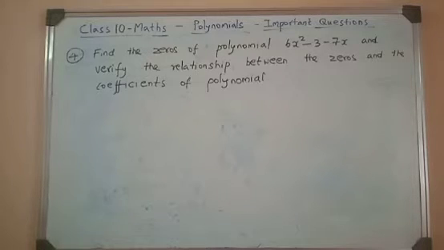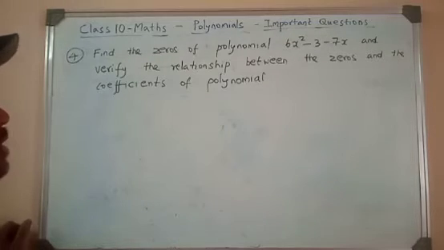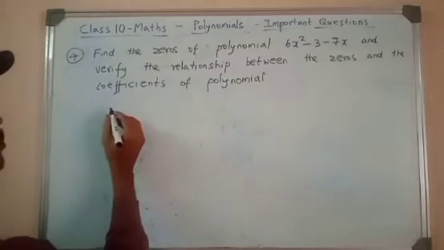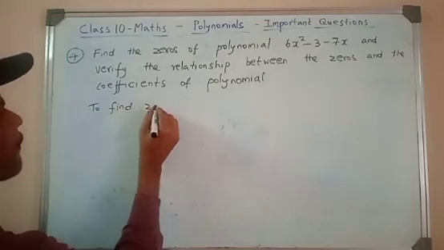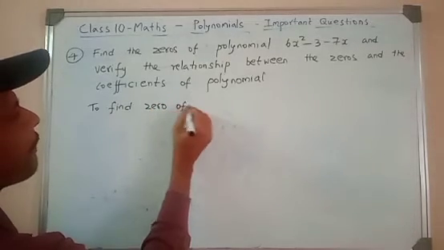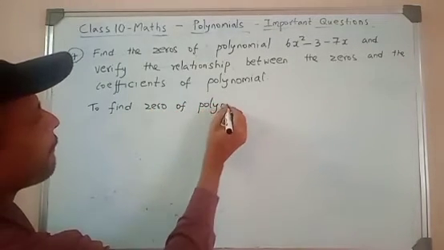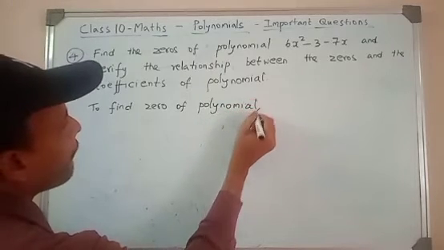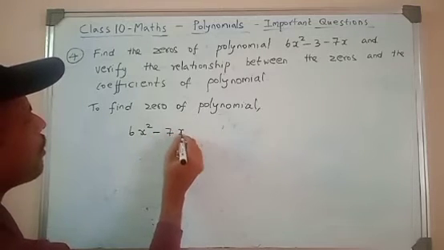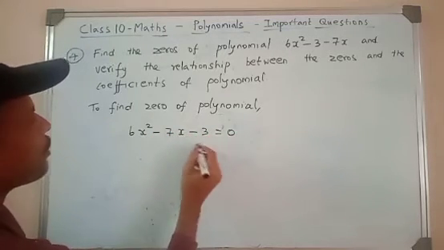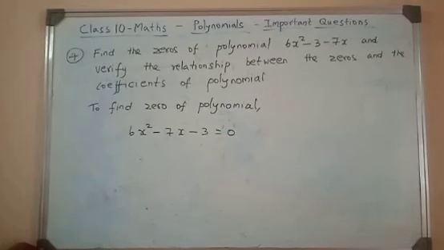First, let us find the zeros of the polynomial, the given polynomial 6x square minus 3 minus 7x. We have to equate the given polynomial to 0 and factorize, then equate each factor to 0.